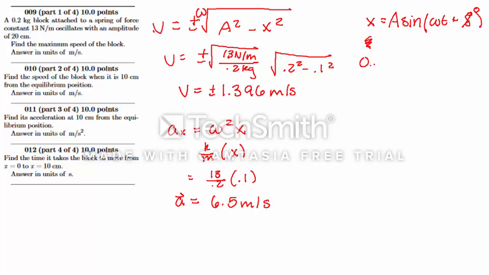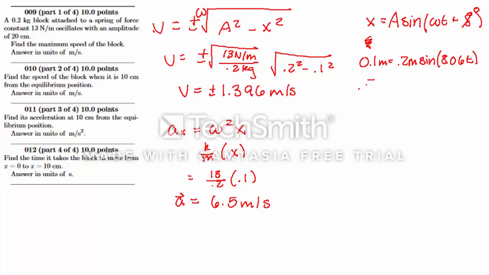So we're looking for the time it takes to reach 0.1 meters equals the maximum position here, which is our a, 0.2 meters, sine of omega, which we know is 8.06 for convenience sake, times t. From there, we simply solve for t.